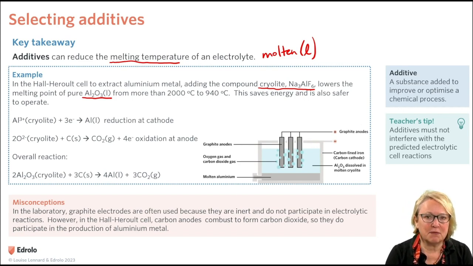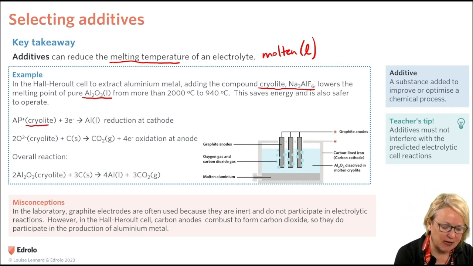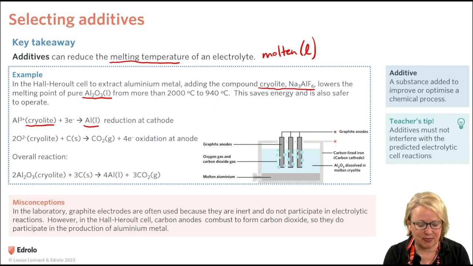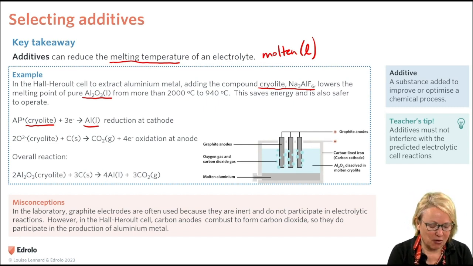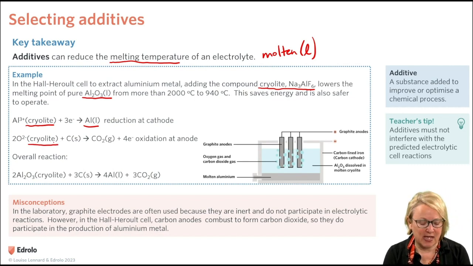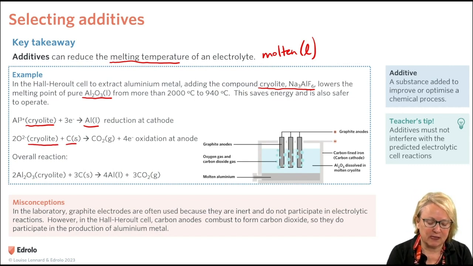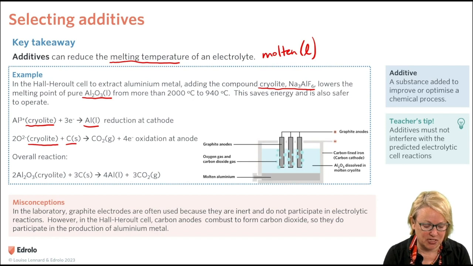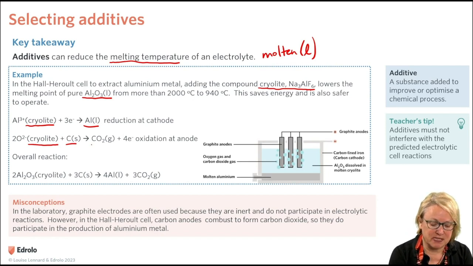So if the aluminium is dissolved in cryolite, it reacts with 3 electrons to produce molten liquid aluminium at the cathode. And the oxide ions also dissolved in molten cryolite actually react with carbon. So in this case, carbon is not inert, it's actually taking part in the reaction, and we produce CO2 gas and 4 electrons.